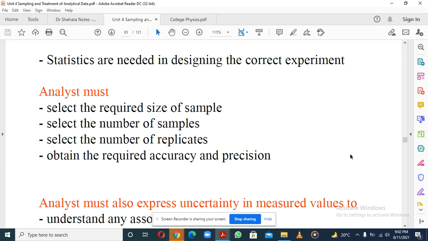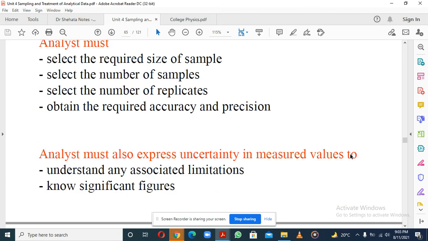Sometimes you may need replicate samples, whereby you get the large sample, then you break it into smaller samples, and then maybe I'm going to have six replicate samples, which I'm going to use to determine how precise my measurements are, in what degree of agreement my values are.